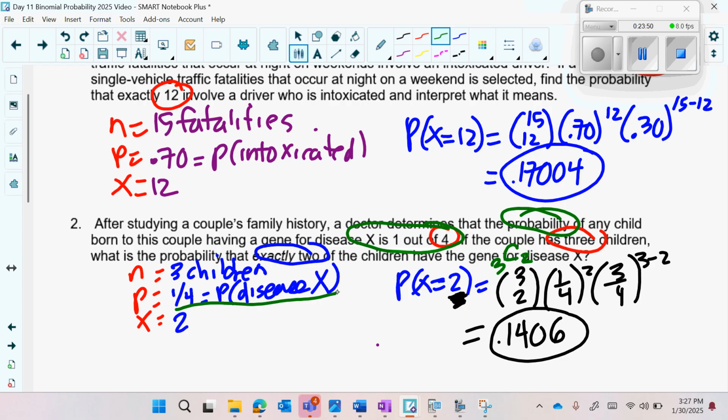Like the number of kids we have and the desired number of success, it's actually independent of that 1 out of 4. So in this case, we have 3 kids, and 2 of which we want to have disease X. Those 2 and the 3 are independent of the 1/4, which is the probability of success. So that's a little confusing, I know.